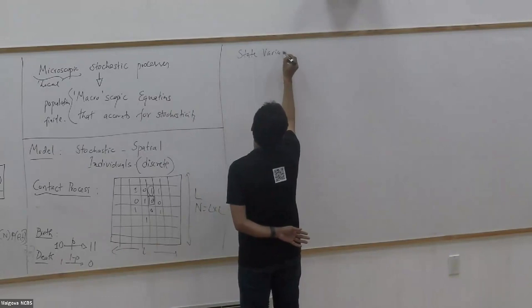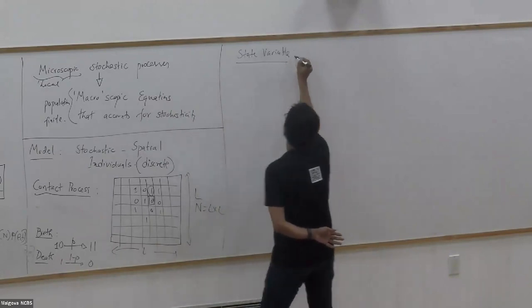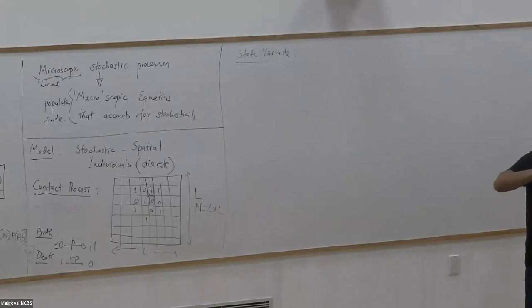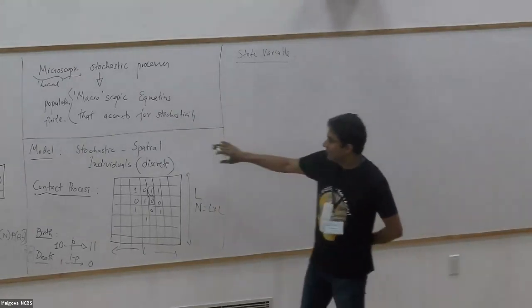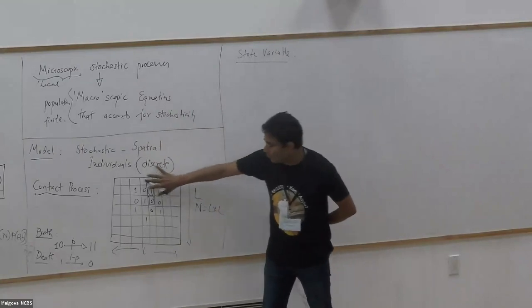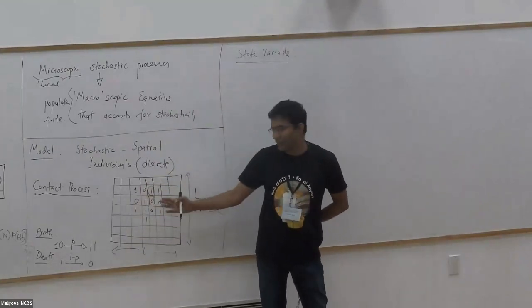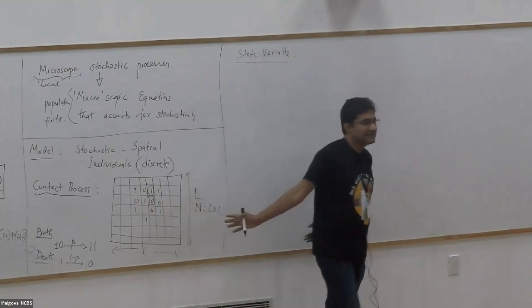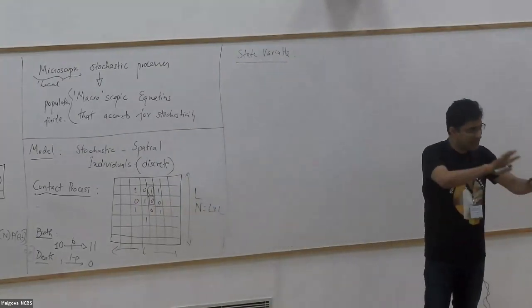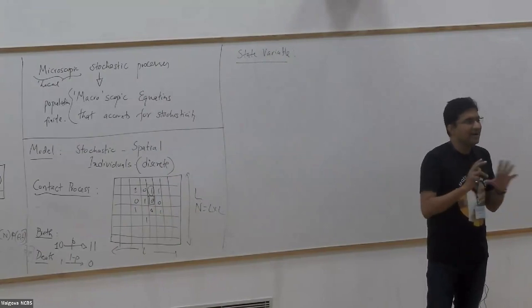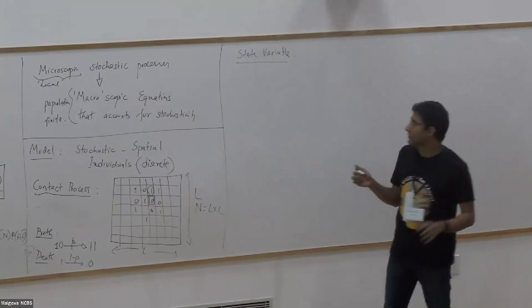The state variable for us would be, because there are literally only 2 states, and let us say that for the time being we will ignore the space, and I want to look at the total number of ones in this configuration. I don't really care how they are spread. I don't worry about the configuration details, but I will look at the average quantity.